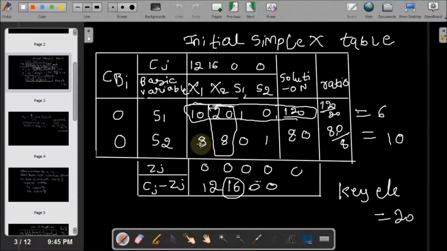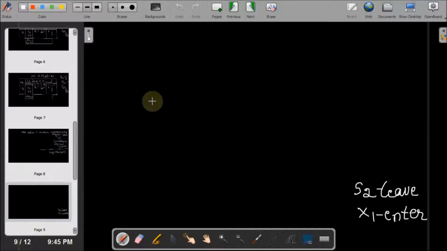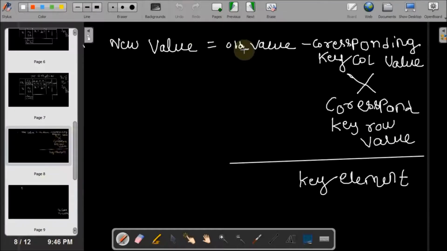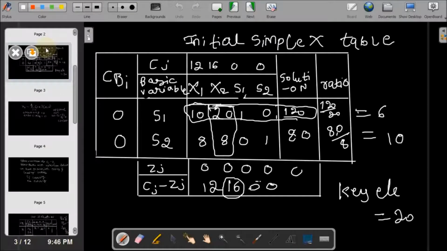See guys, old value of s2 is what? 8. So I will take that value. Old value of s2 is 8. How I got that? You know that. Old value of s2 is 8.